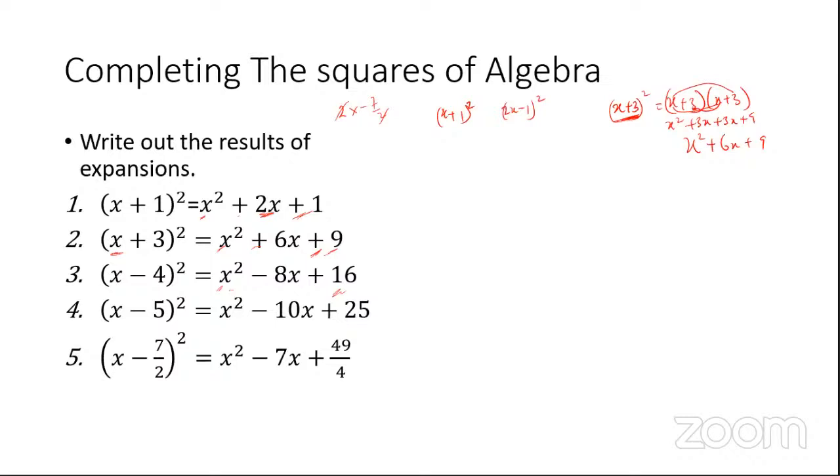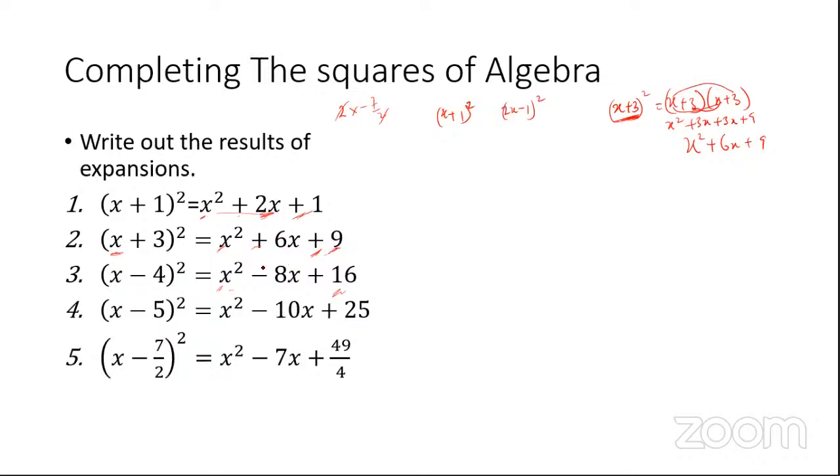I think from here now we've been able to realize that even if you don't say anything about this, we only see this, realize that this is x squared, then half of this 2 is 1. This is 1 squared. Half of 6 is what? Is 3. 3 squared will give us this.